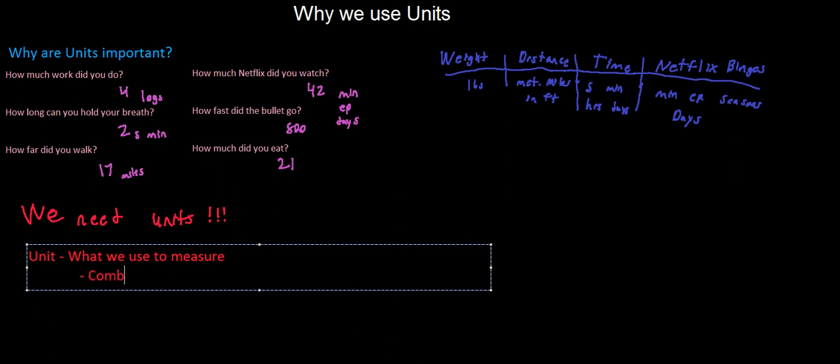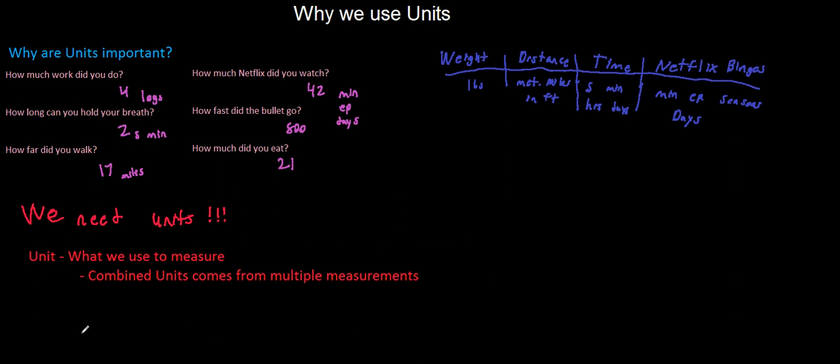Let's take a second to explain what that is. Combined units come from multiple measurements. I'm just typing it out so you can read it. When we say combined units, we mean things like miles per hour, so that's combining miles and hours.